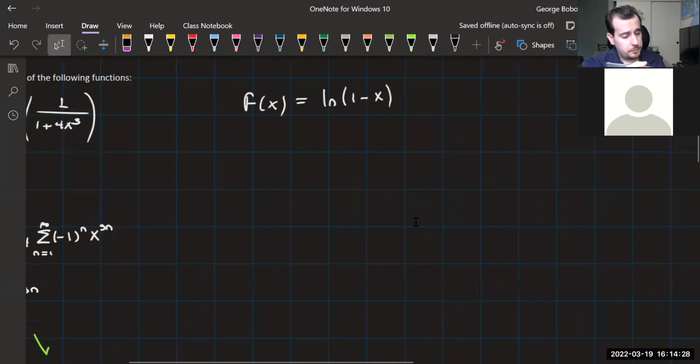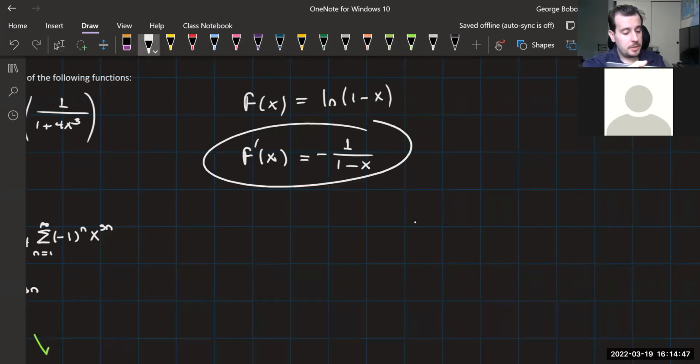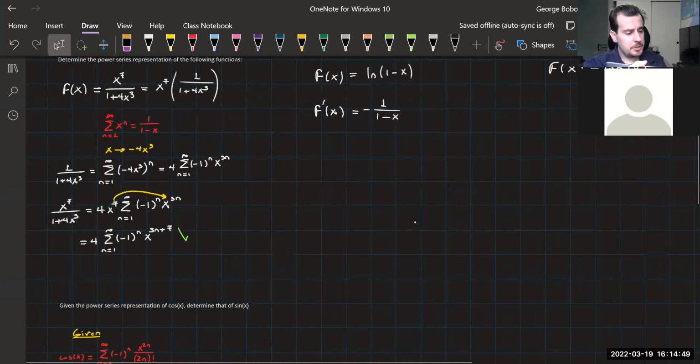If you do take the derivative, right, what do you get? 1 over 1 minus x. Don't forget, though, the inside. What do you get from the inside? Minus 1. Mm-hmm. So you get this, and take a look at this again.